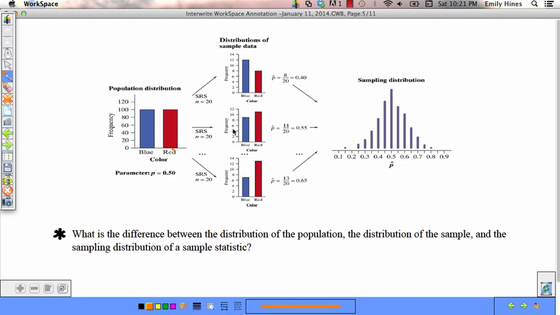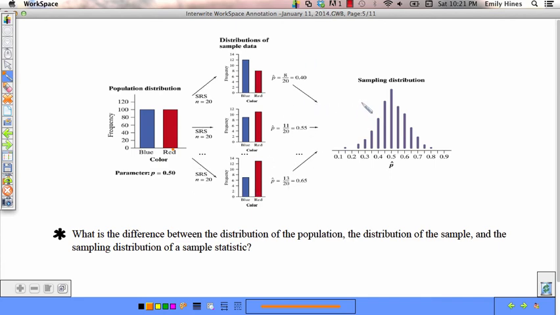Each of those samples produces a different number of red and blue chips, and a different statistic, which is p hat. And you can see all of these are different. All the ones on ours were different because of sampling variability. This is what sampling variability describes: different values for each sample.